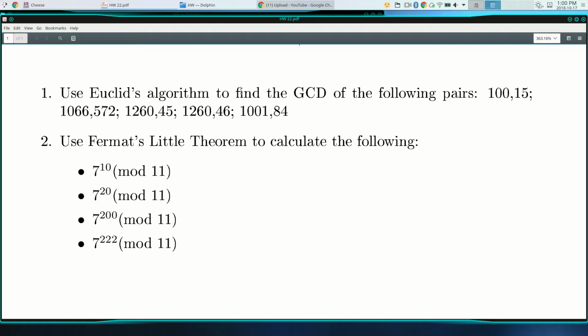So I'm not sure I agree with the last sentence here, 7 to the 11th congruent to 1. What the theorem says is 7 to the 10th is congruent to 1 mod 11. So that's guaranteed by the theorem.